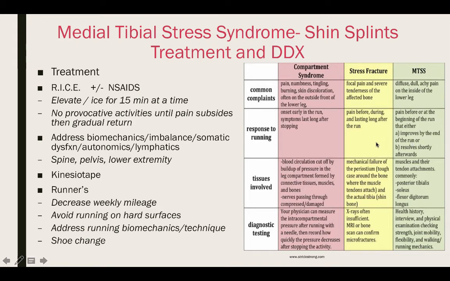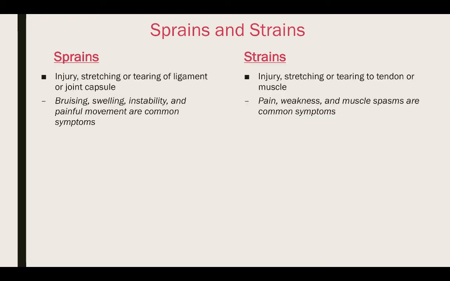So it is kind of hard to differentiate, but usually with stress fracture, it's more of a prolonged pain, versus you're not having pain with just shin splints when you're at rest, unless you're really in the advanced stages.